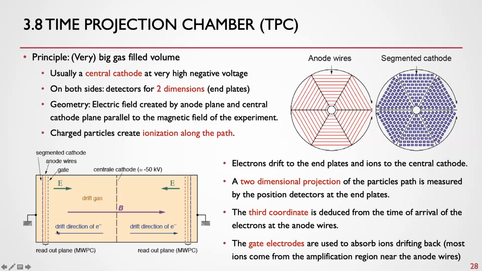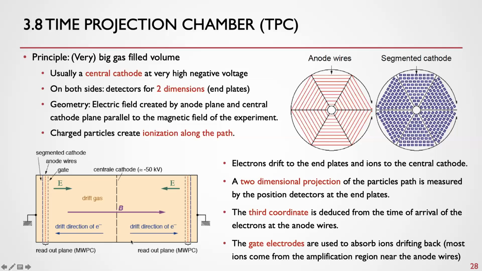It is, of course, a very difficult detector to operate because one needs to make sure that the ions that are created in the amplification at the anode wires do not propagate back into the drift gas, because the drift gas is the sensitive material.